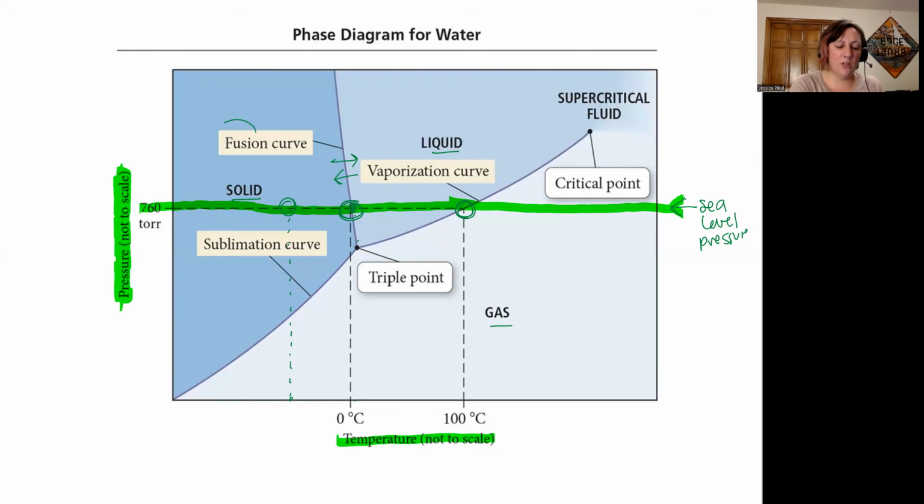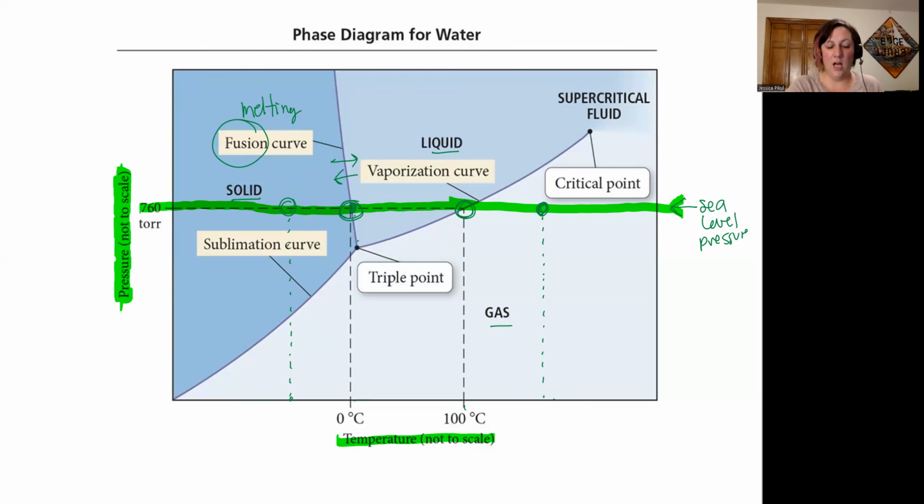It's called a fusion curve. Fusion is another word for melting. It's the old-fashioned way that we called it. Instead of melting point, it'd be fusion point. Similarly, if I looked at water at 200 degrees Celsius, somewhere around here at atmospheric pressure, I'd say, wow, it's definitely a gas. It's just a whole bunch of steam.